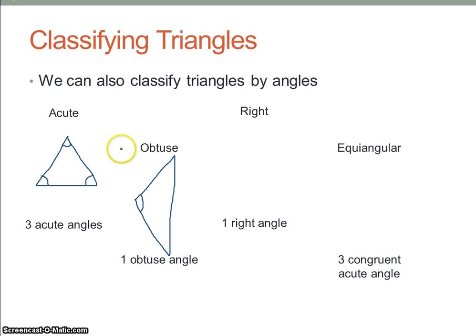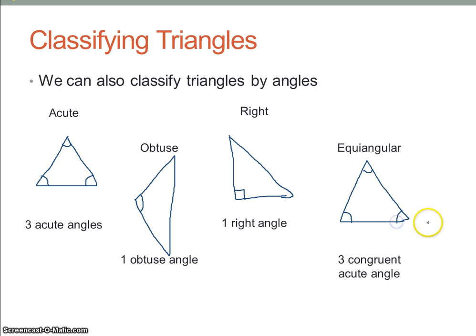And then we have a right triangle, which has that 1 right angle and 2 acute angles. And then we have an equiangular triangle. And that means all 3 of our angles are congruent. So this we could denote by our curves. All 3 angles are congruent.